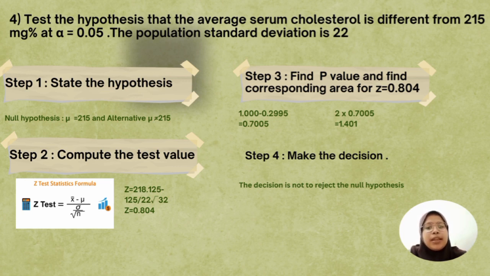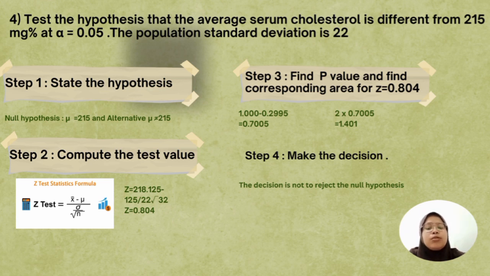Step 3, we need to find the p value. Find the corresponding area for z equal to 0.804. So the area is 0.2995. So we need to subtract the value from 1. So we can get the answer is 0.7005.